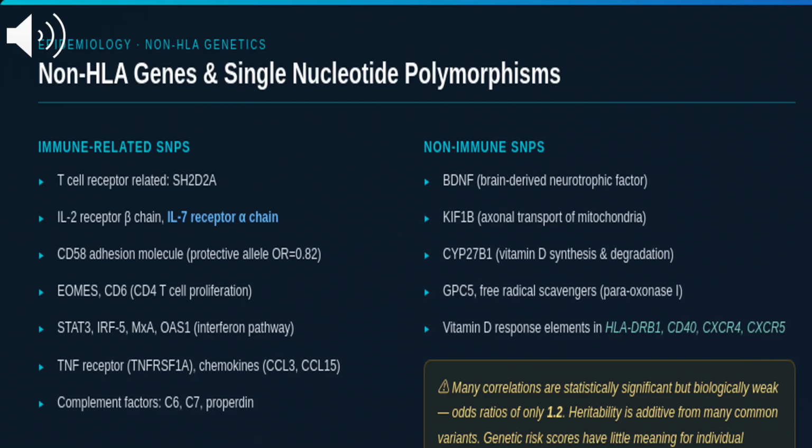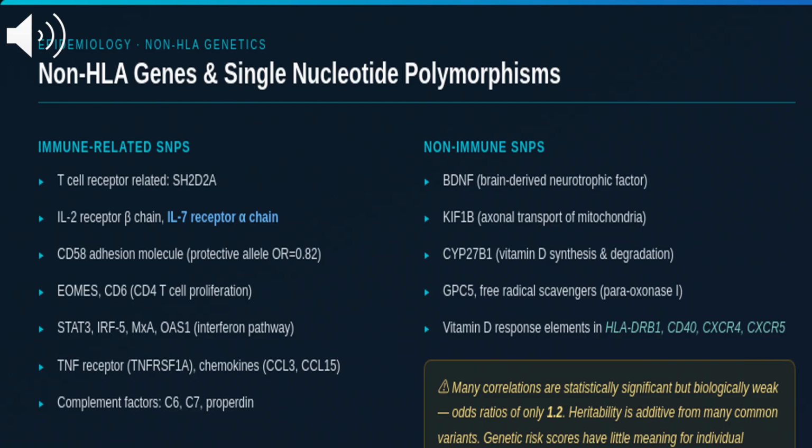The predominantly immune-related SNPs tell a coherent biological story. T-cell receptor-related polymorphisms affect how T-cells recognize antigens. The IL-7 receptor alpha chain polymorphism is particularly interesting because IL-7 enhances immunity and affects thymic emigration, and the receptor chain is upregulated by steroids, TNF, and type II interferons.